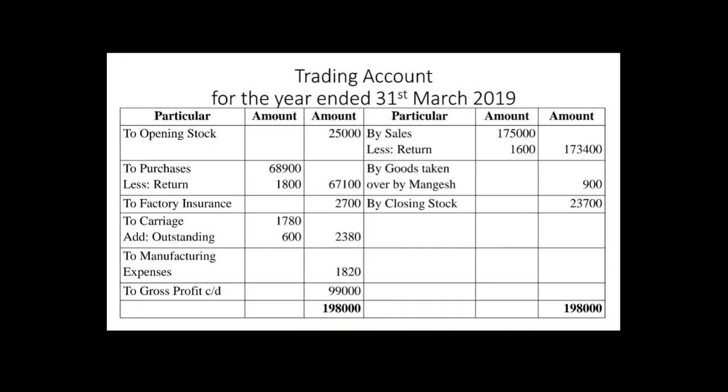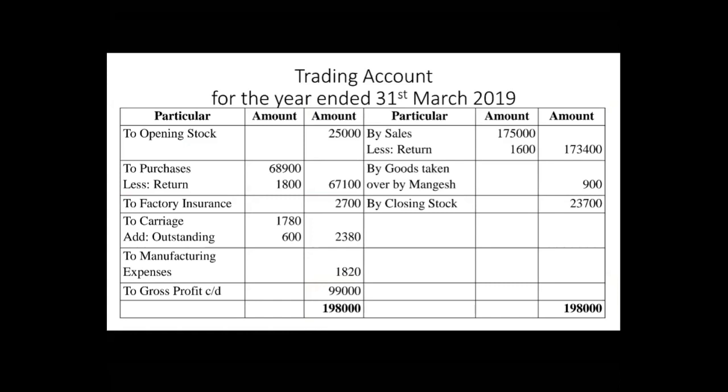And even if the date is not given, whatever stock is there in the trial balance is always an opening stock because closing stock is not recorded in the trial balance. Closing stock is never recorded in the trial balance. It is always opening stock. Okay, so even though the date is not there, still it is an opening stock only. Okay, so opening stock is given 25,000.